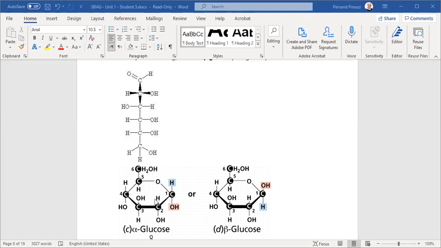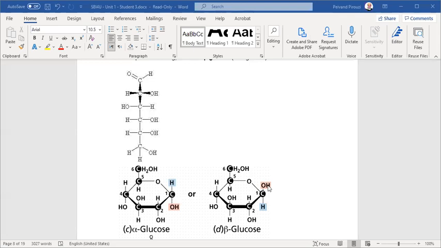We can see on the left the alpha configuration, where the OH, or hydroxyl group, is situated underneath carbon number one, or we can have beta glucose, where on carbon number one, which is the chiral carbon, we have the OH on the other side. So what does it mean? It means that when enzymes use glucose, they have a preference for alpha glucose.